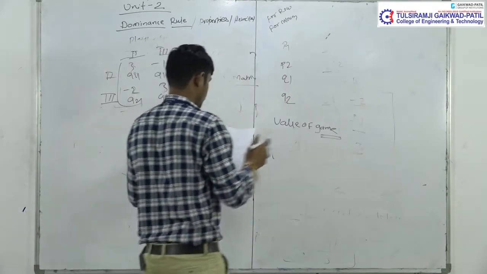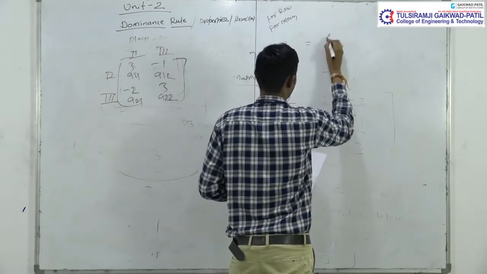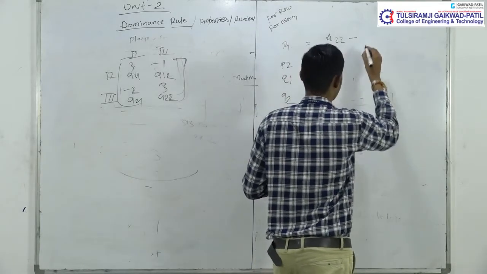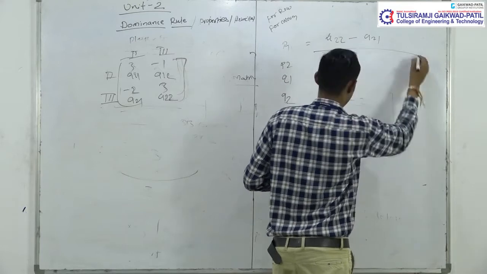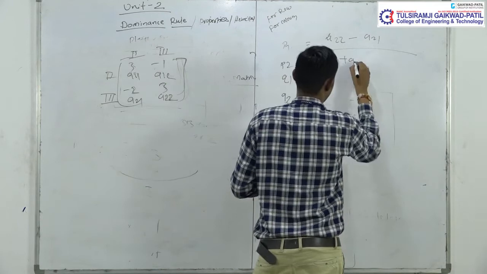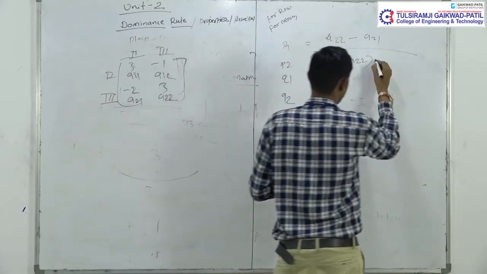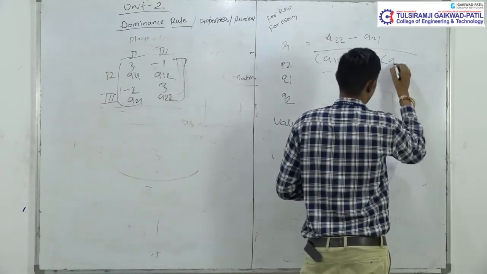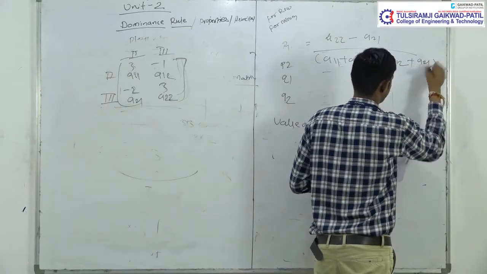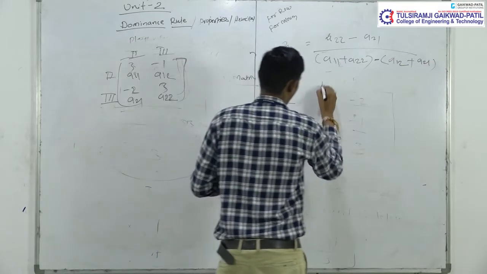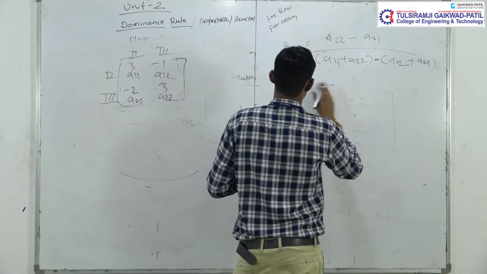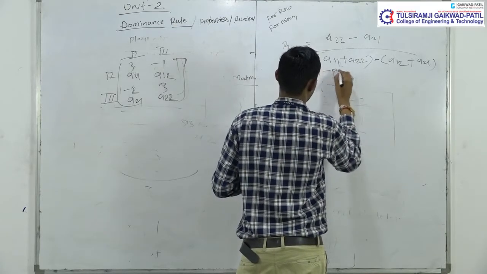Write down the first formula, P1 equals A22 minus A21 upon A11 plus A22 minus A12 plus A21. Next formula is P2 equals 1 minus P1.